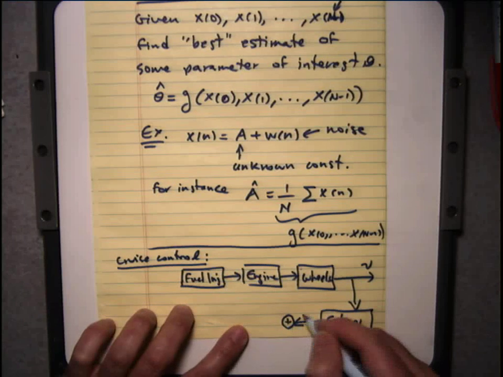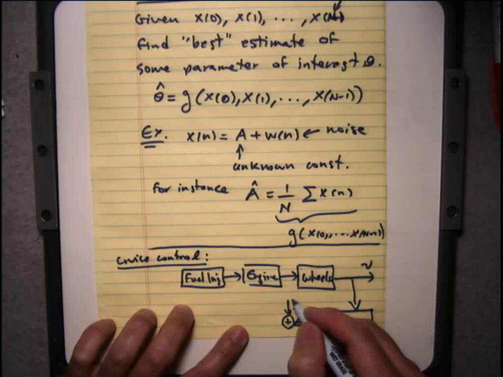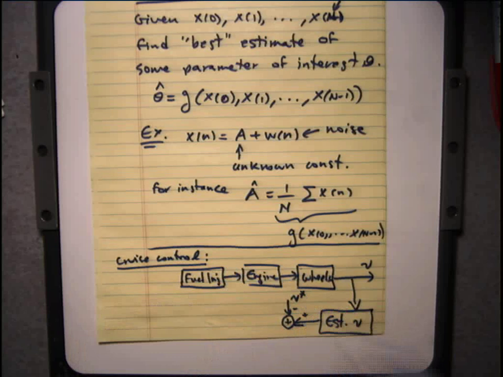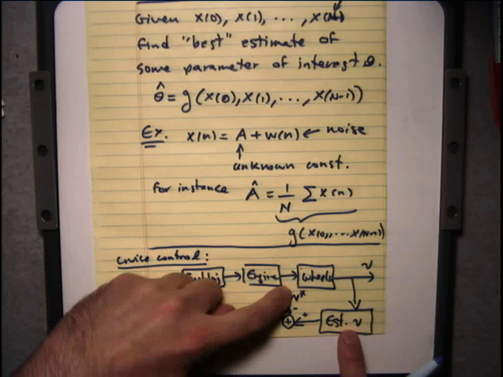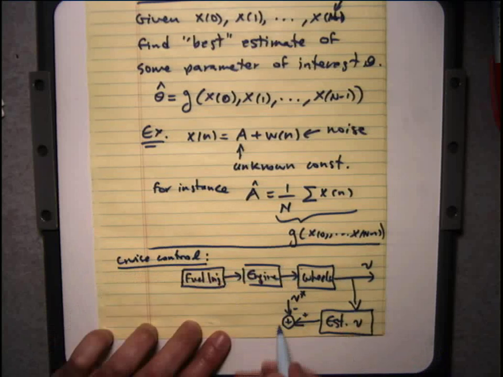So plus and a minus here, a v star. Okay, this v star is the reference speed that you want the car to be moving at. So let's say you set it to go to 65 miles an hour. And so the estimated speed from the wheels is going to be compared to the ideal speed. And then you're going to generate an error. Okay, so this is the error.